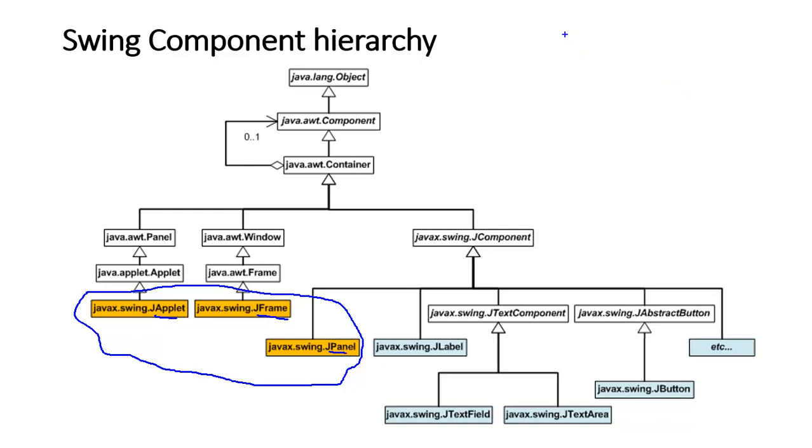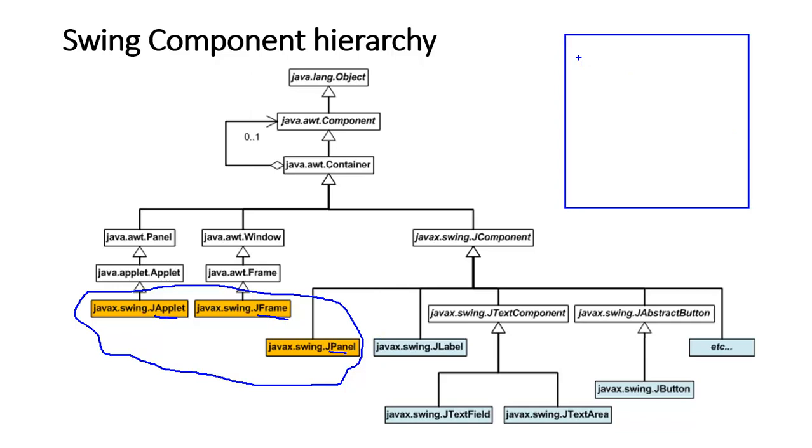What I mean is, if you create a JApplet, a JFrame, or a JPanel, inside this you can add other components. So they are the containers that will contain all your other components.